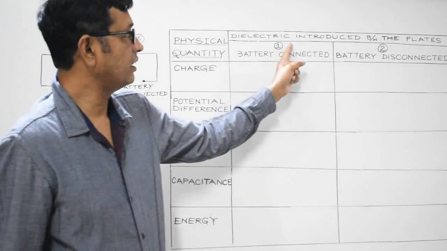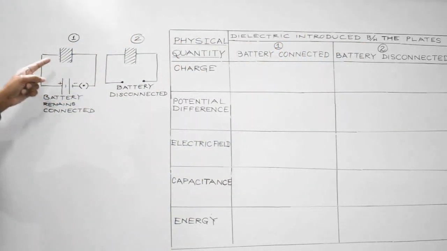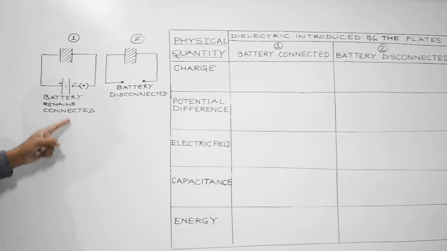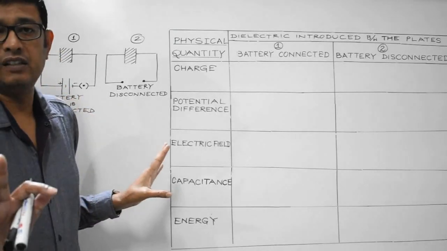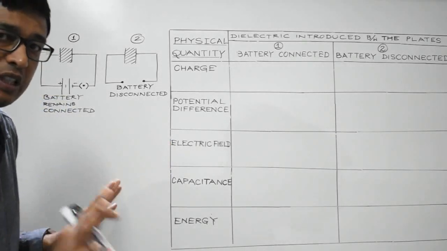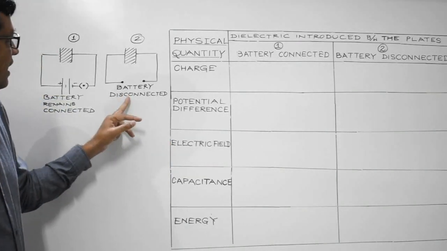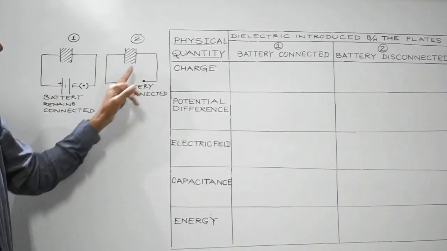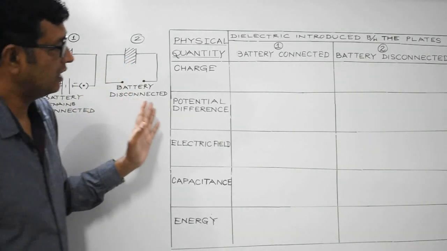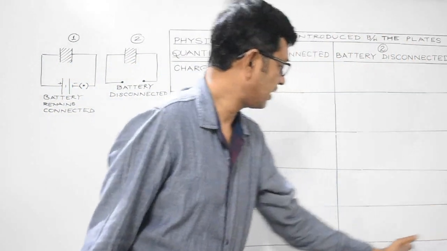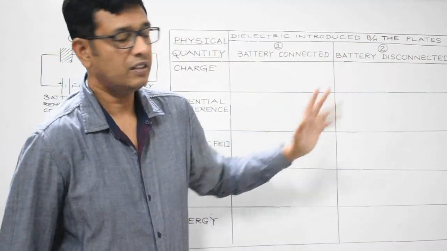So these are the two cases, 1 and 2. The first case is when the battery remains connected and the dielectric slab completely occupies the space between the plates of the capacitor. In the second case, the same scenario, only the difference is that here the battery is disconnected, right? So let's start. Let's try to complete this particular chart, right?